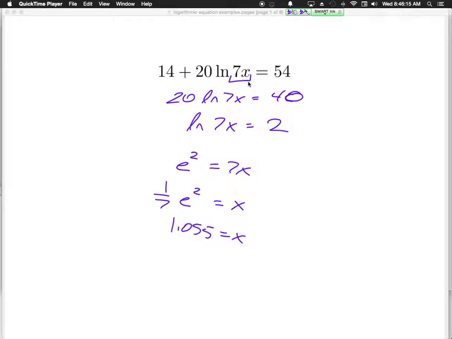If I plug 1.055 in there, I can see that it produces a positive, and since it produces a positive, we like that answer. If it did give me a negative, then I would cancel it out. And if that was my only answer, what would my answer be then? No solution. Good.